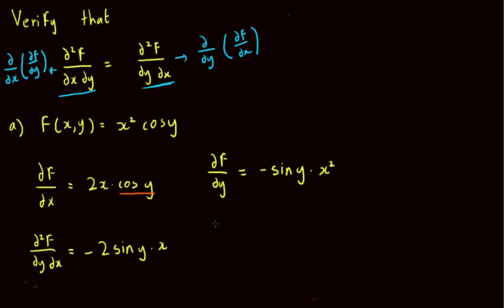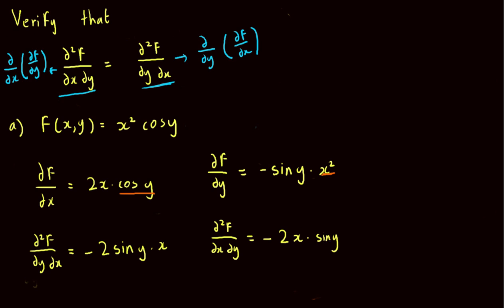And for del square f del x del y, we're interested in differentiating the x squared here, so it will become negative 2x sine y.